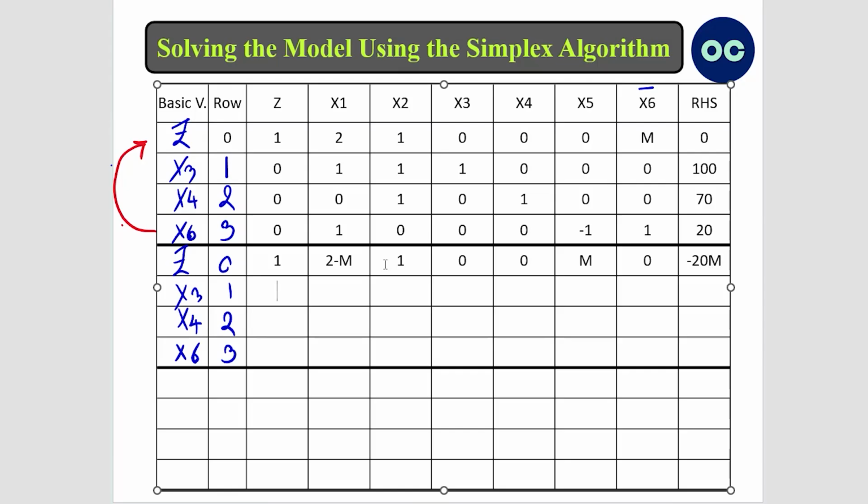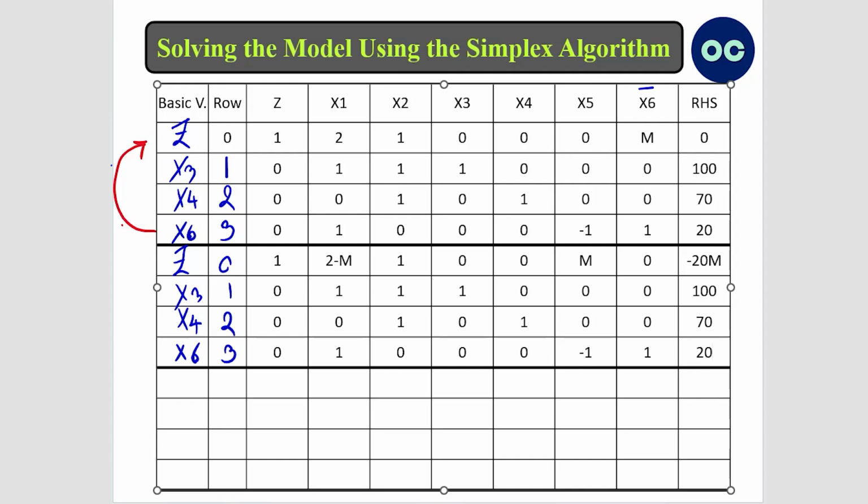We have the same rows here: 0, 1, 1, 1, 0, 0, 0, 100; then 0, 0, 1, 0, 1, 0, 0, 70; and the last one, 0, 1, 0, 0, 0, minus 1, 1, and 20.